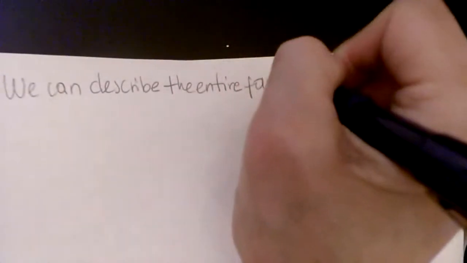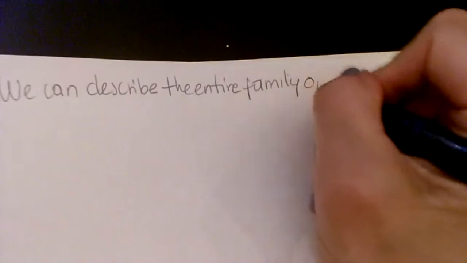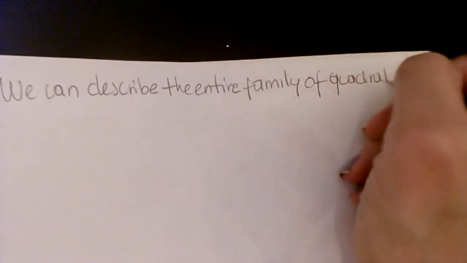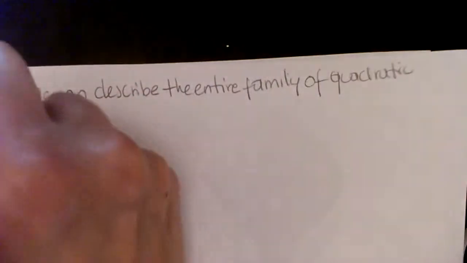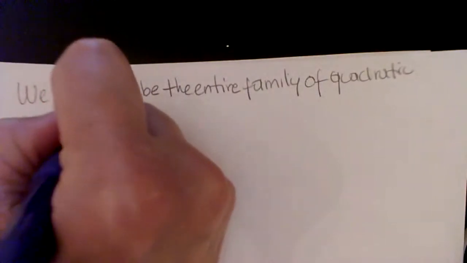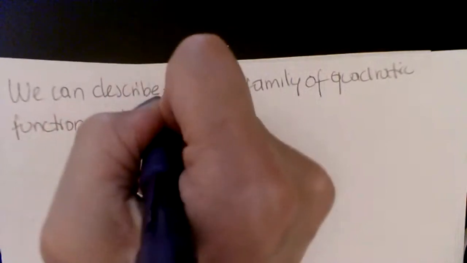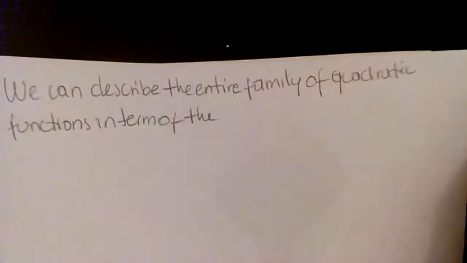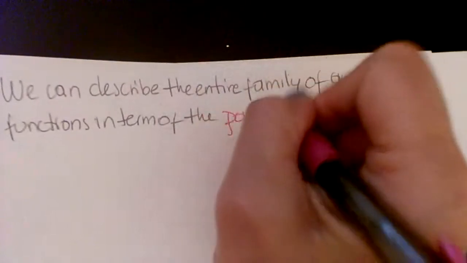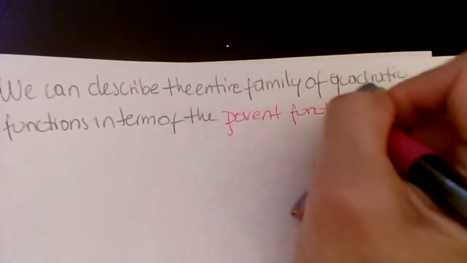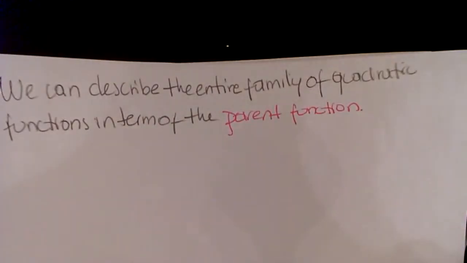We can describe the entire family of quadratic functions in terms of the parent function. Okay? But how do we do that?